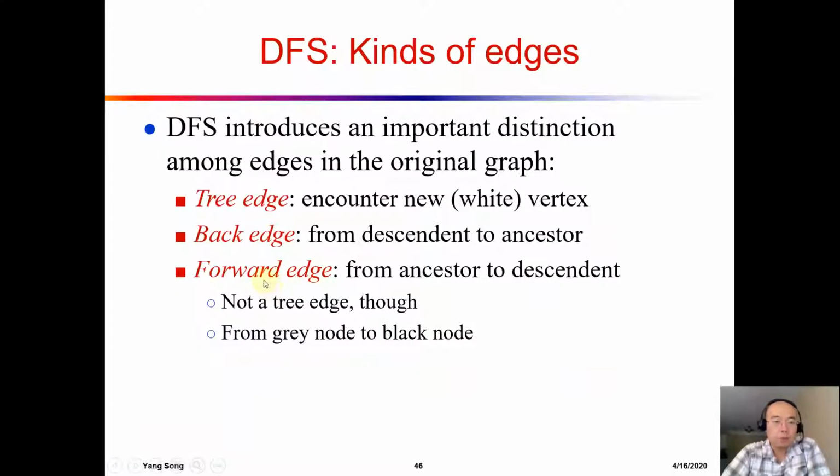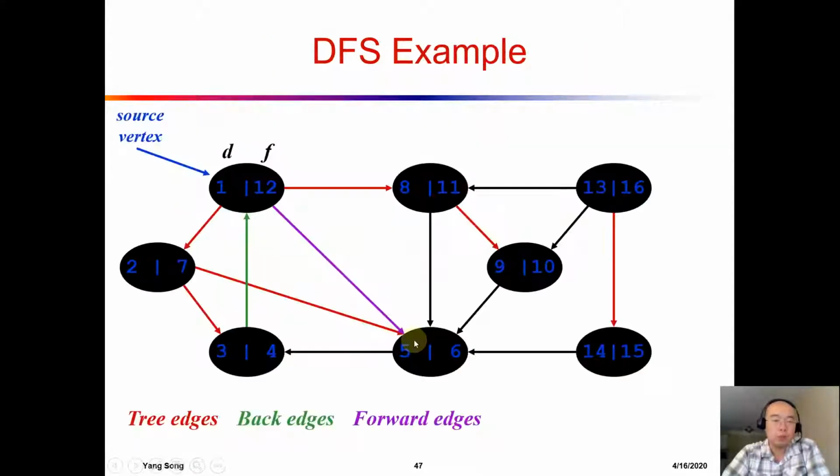And the next one, forward edge. So a forward edge is an edge from ancestor to descendant, and they are not tree edges either. And usually they're from the green node to the black node. For example, this purple one. For this purple one, there is actually a path from 112 to 27 and then to 56, right?